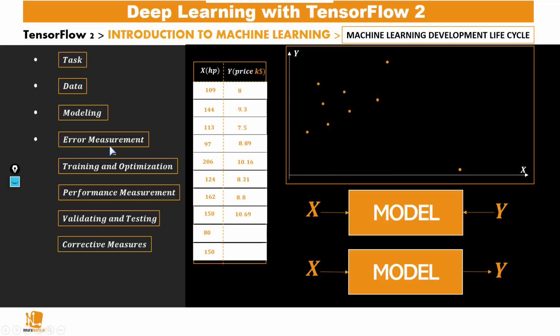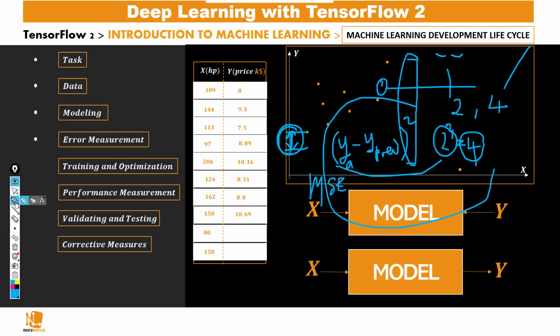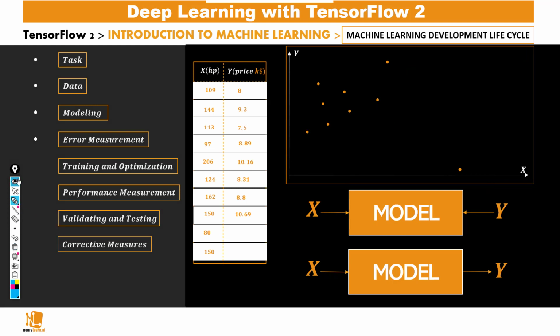To better understand when to use the mean square error or the mean absolute error, let's take this example. With this example, we have the horsepower and the current price. Most times, the horsepower is positively correlated to the current price.